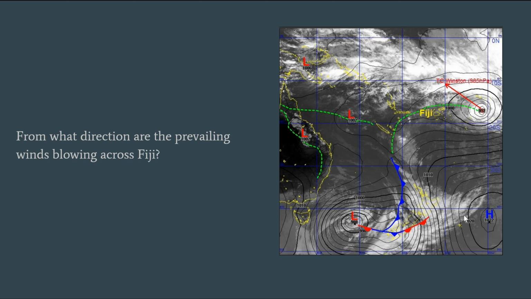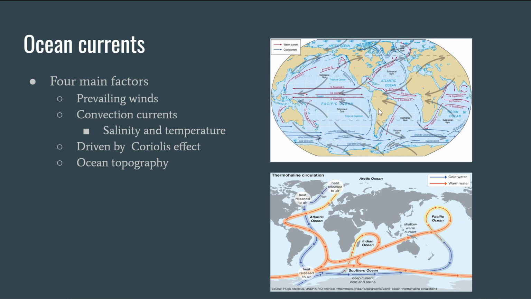So we can see here, there's a region of high pressure, here there's a region of low pressure. Generally, we can imagine these winds will be flowing in a westerly direction, but from the east across Fiji. And if we go back to the map, we can see that at these latitudes, the air generally tends to be flowing from the east, from the southeast to the northwest.